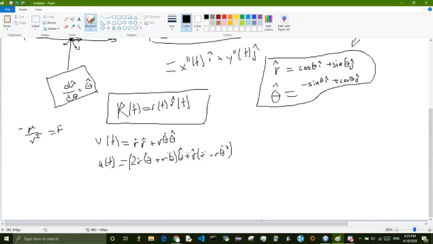Yep, it would just be r hat, right? So the theta hat component is necessarily 0 because you're not getting accelerated tangentially. But isn't r hat going outward? So wouldn't it be like negative r hat? Oh yeah, you're right. That is actually correct, right? So the actual force of gravity is GM over r squared times r hat, and you put a negative sign out front. Thank you.